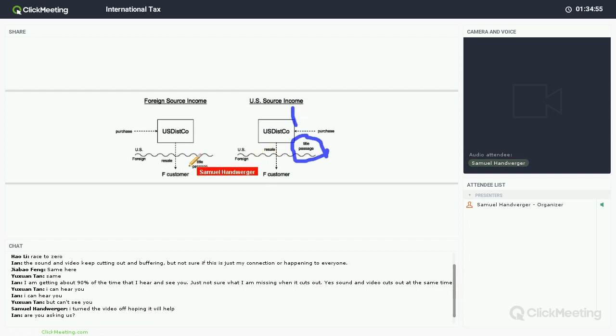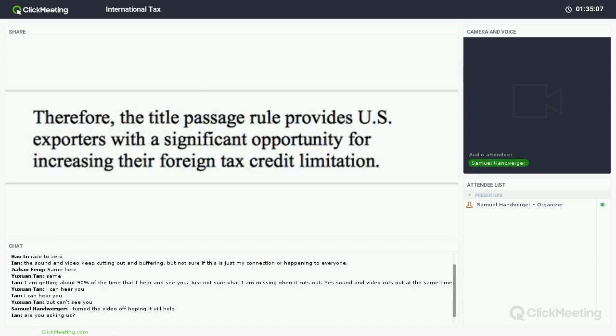And if the title passage is on the other side of the ocean, it'll be considered foreign source. That illustrates the point. So there's not too much problem there. But the point to learn is that title passage gives the U.S. exporters a good opportunity to make sure they don't miss any of the foreign tax credit.